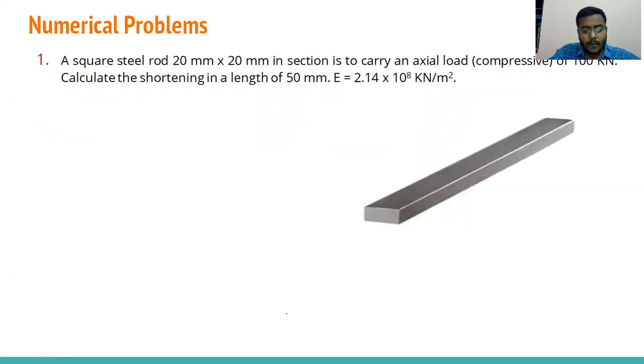First problem: we have a square steel bar, 20 mm in section, to carry an axial compressive load of 100 kilonewton, which is given. Okay, so the load is given. I'm writing it here in case it is not visible: 100 kilonewton, compressive in nature.